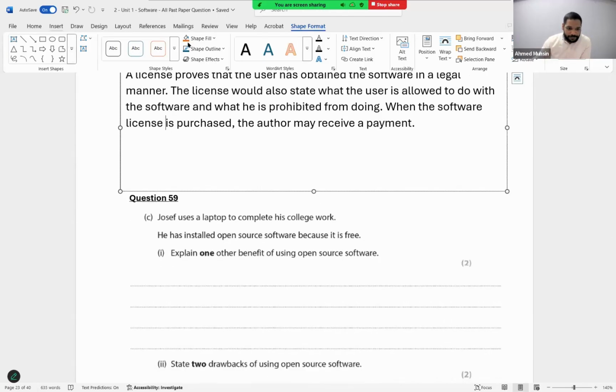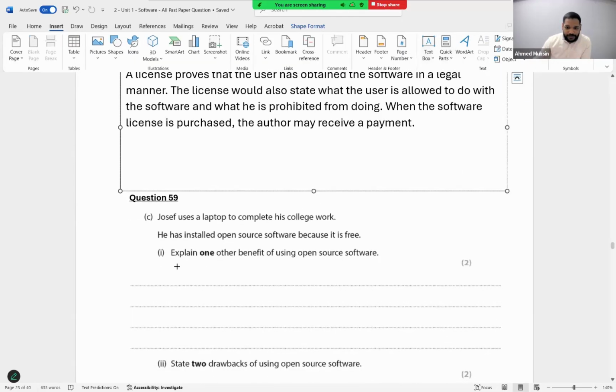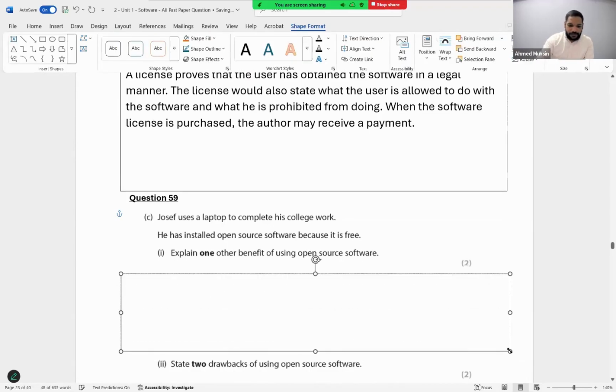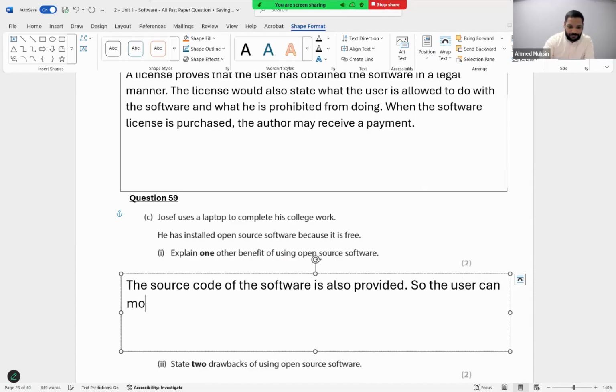We can mention over here that the source code of the software is also provided, so the user can modify the software as per their requirements. Are we okay with this? You can go ahead and modify the software.